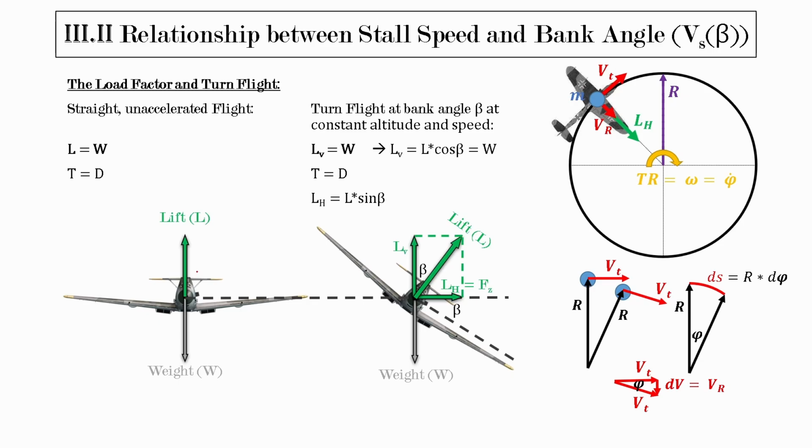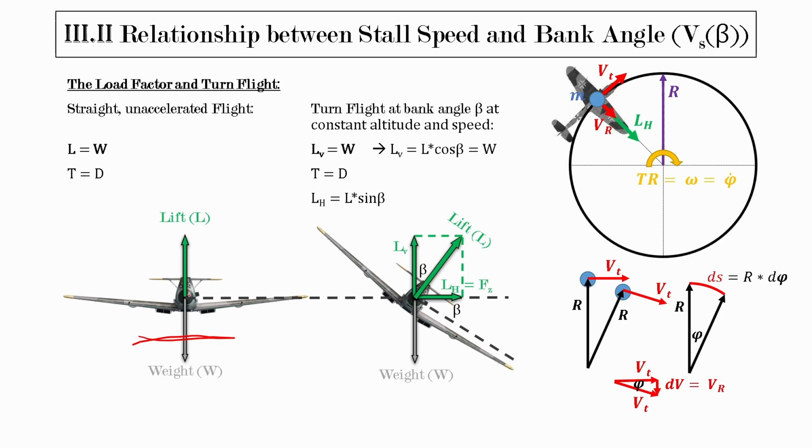You are all consciously or subconsciously aware of what you're actually doing when you initiate a turn. So you're in straight and level flight in this scenario. Wings level, everything is fine. And in this scenario, obviously your lift is perpendicular to your motion. You're moving toward us here.